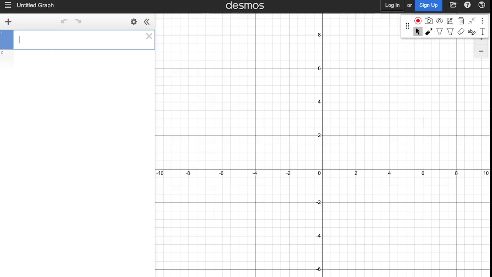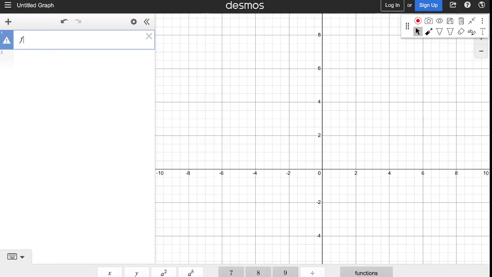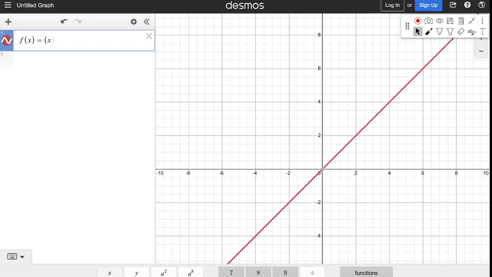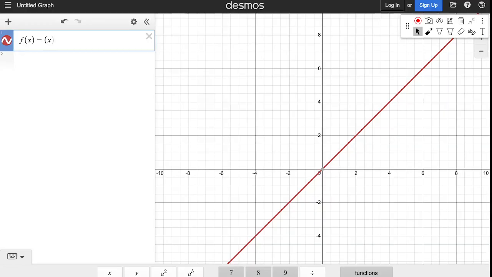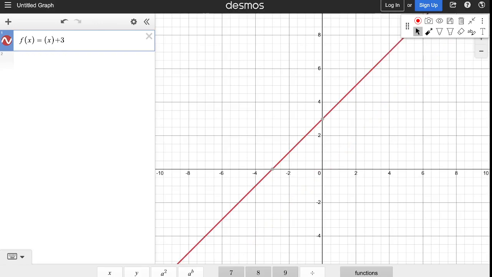And let's just put in a function. Let's go with f of x. What did we have? We had x, is it x plus 3 or x minus 3? X plus 3. Of course, I end up revealing.